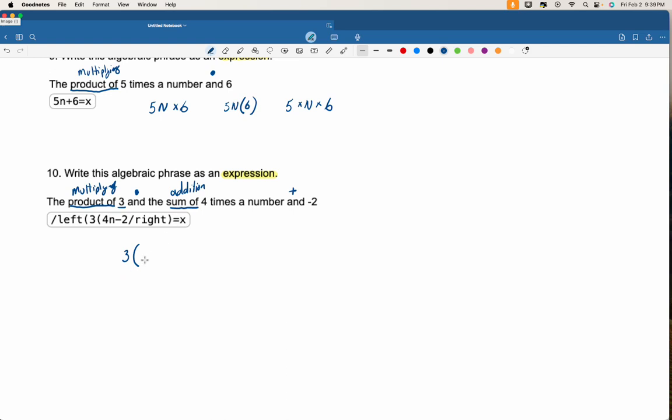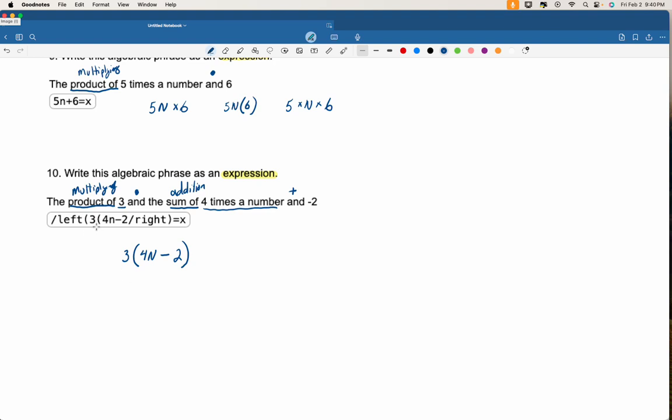So 3 times, I'm going to put the addition in here: 4 times a number, so 4n, and -2. Remember that positive and negative, they cancel each other out, so it's -2. So that would be the answer we're looking for: 3 times the sum of 4n minus 2. So this was like 2 operations in one expression.